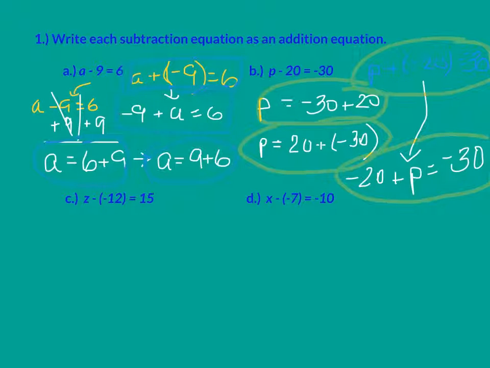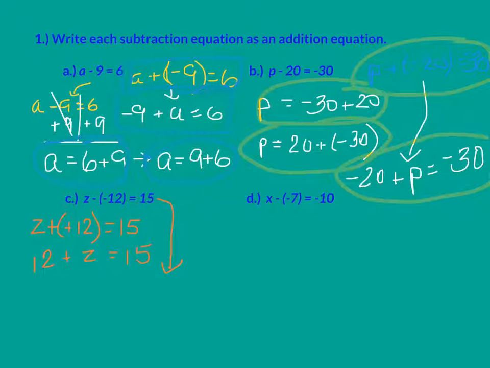I'm going to stay, change, change first. Stay, change, change, cha-cha-cha. I can switch the places of this one, so I'd have 12 plus Z equals 15. That one also works. I also know that I can do the opposite of this. The opposite of minus negative 12 is plus negative 12.